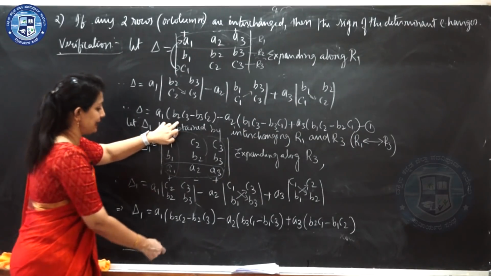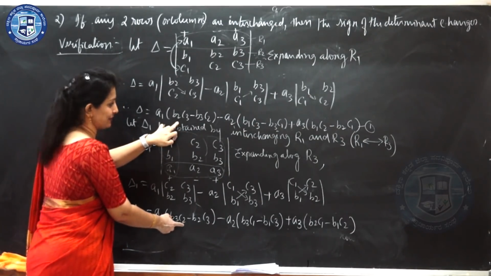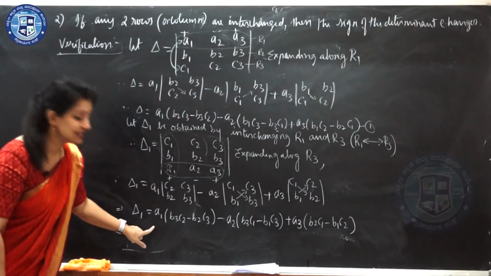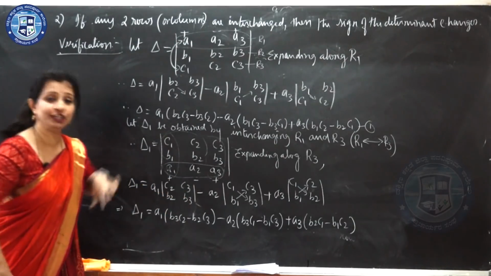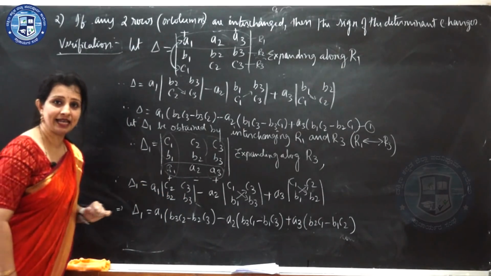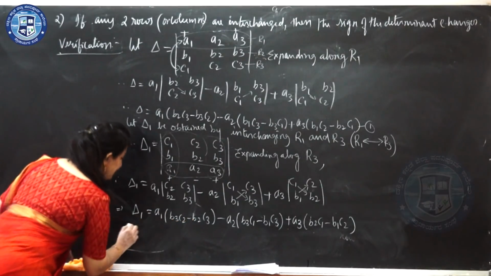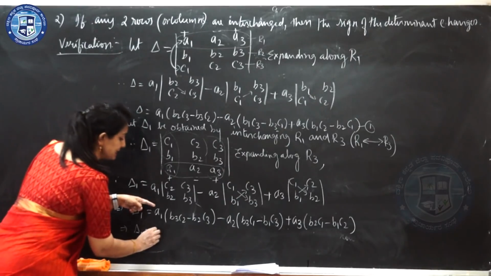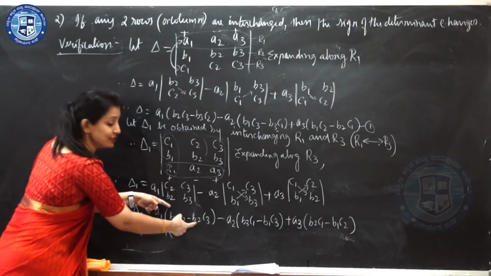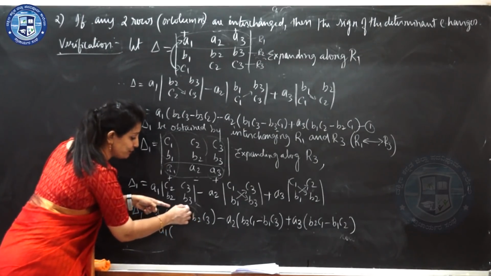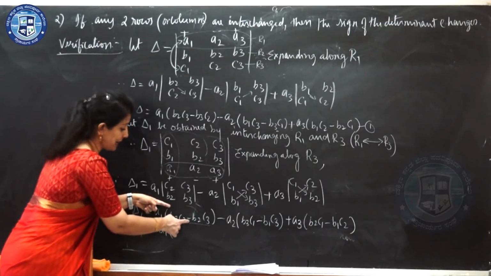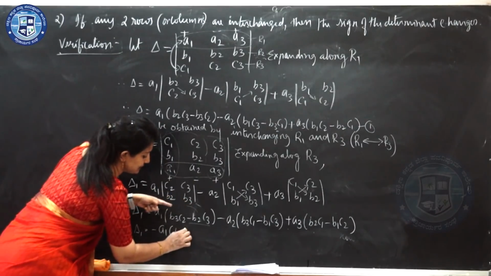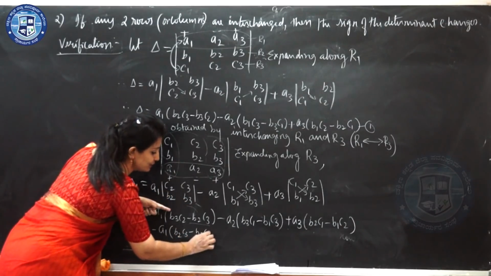Okay. Now look at these two. Here B2 C3 is first, here B3 C2 is first. These two are interchanged here. So take minus sign out from each term. When you take minus sign out, delta 1 is equal to minus A1 into, this becomes positive, minus turns to positive, plus turns to negative, so it is B2 C3 minus B3 C2.